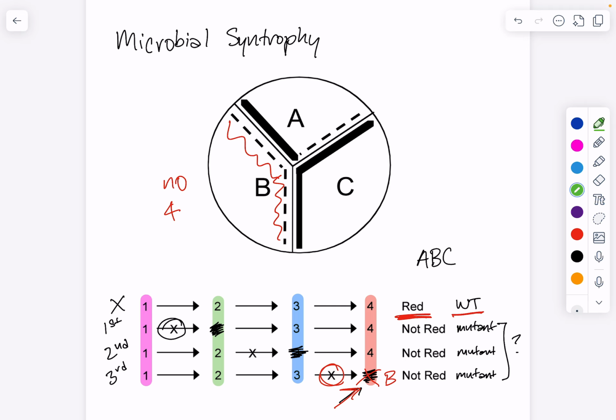Metabolite number 2 is missing in the first strain. However, it is being produced by the second and third strain, but in the second strain, it's not being converted into 3, so it's being diffused into the neighboring cells. The 2 that's happening in the second strain is being diffused into strain 1 and strain 3.